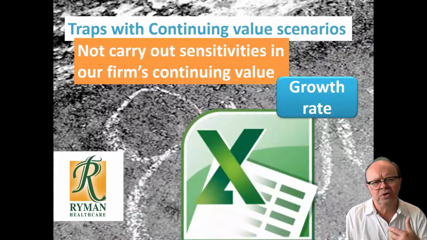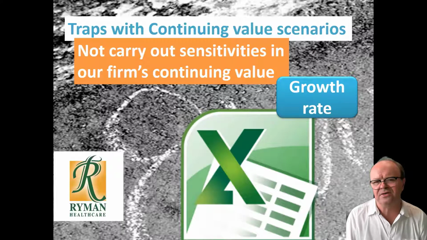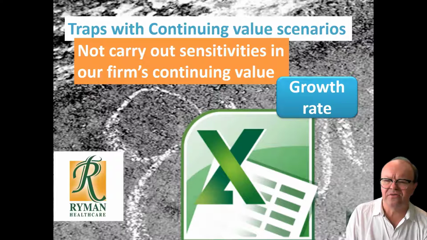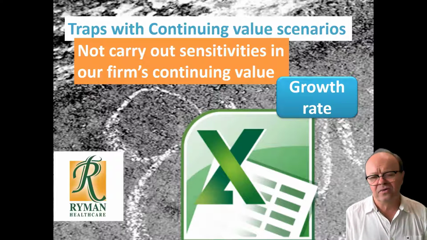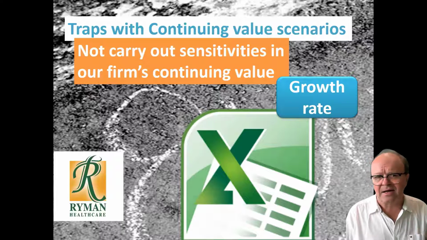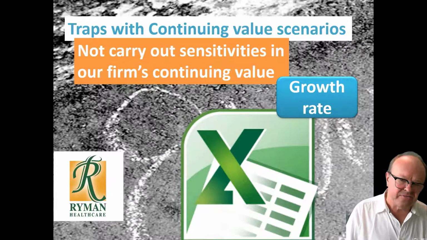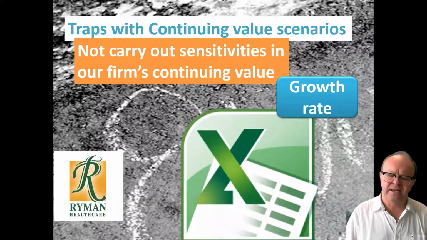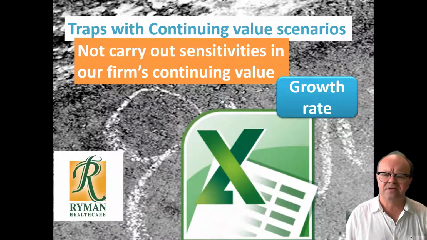And so we incorporate into the growth rate in our continuing value a sense of what might happen in the future, and it's very important to run sensitivities on that and on all our inputs into the firm's continuing value, to check out what happens if, for example, we move the growth rate in operating income in our continuing values.